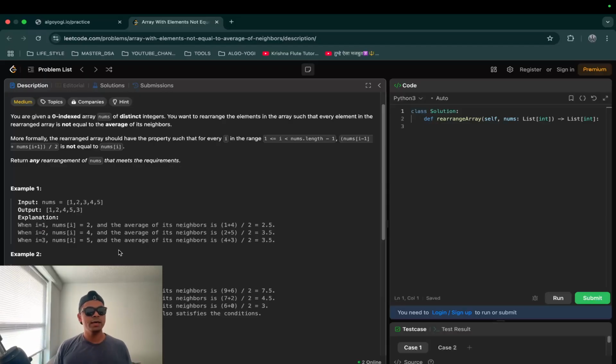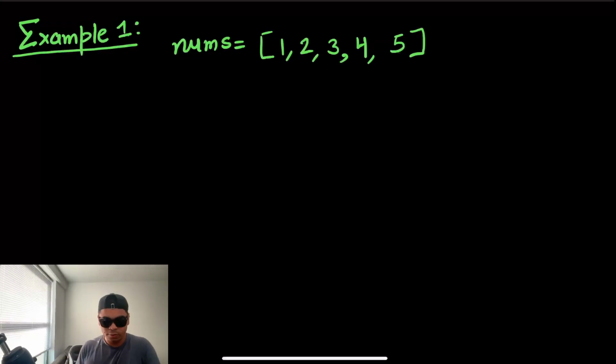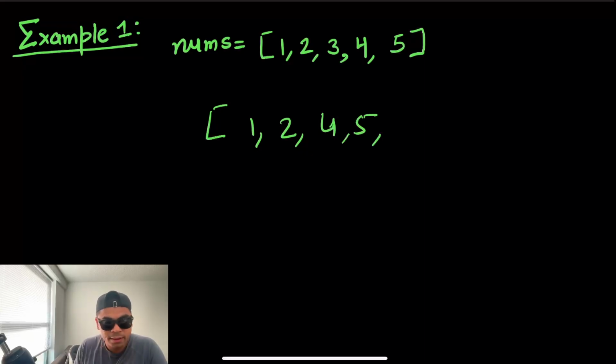So we need to rearrange these values, and how to do it? I'm going to switch the view here. This is exactly what they want, so let's go over their answer. The output they have given us rearranges the values as 1, 2, 4, 5 and 3.